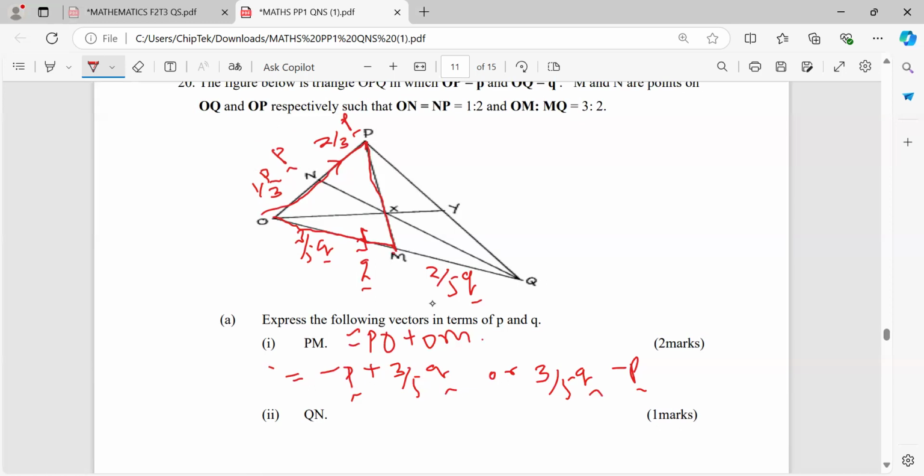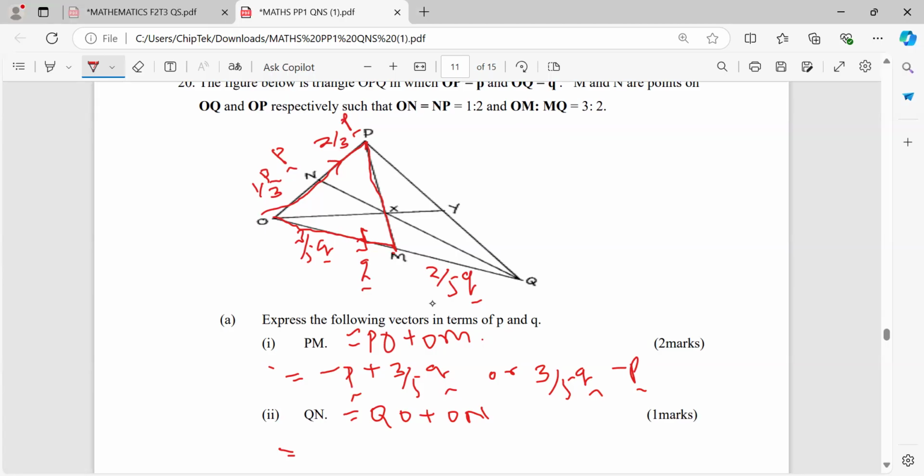Utafuta QN. So QN watafuta njia ya kwenda N. So either you go straight mpaka Q mpaka N ama uchukue njia QO plus ON. Sawa. QN equal to QO plus ON. Kumbuka kama unataka kuona if you're correct or not, utapata point moja zitafanana ambayo ni katikati, QO au N. So QN equal to QO plus ON.